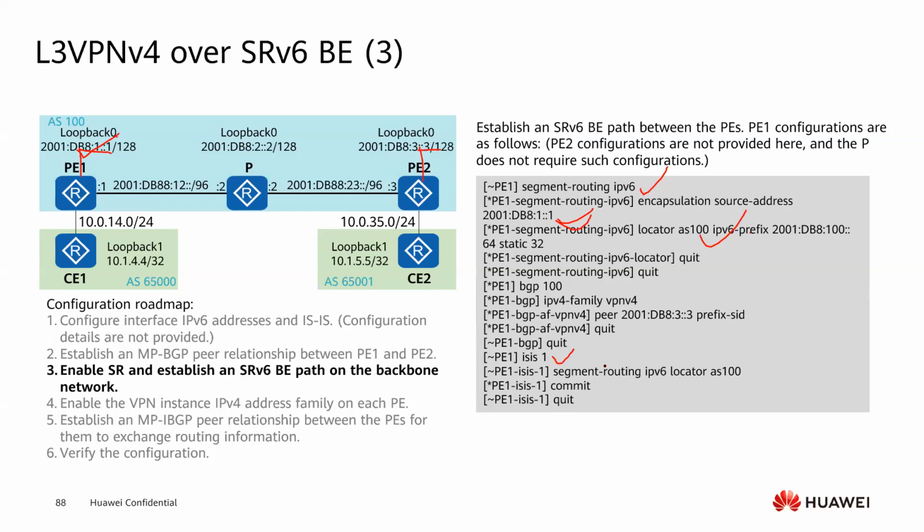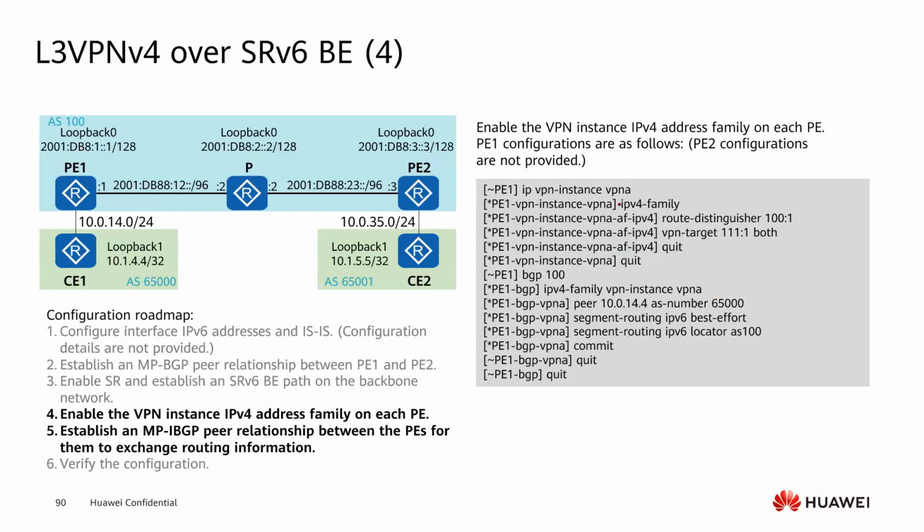For ISIS1, we also need to configure the segment, because we need to ask ISIS to forward the locator, right? And also on P1, you create a VPN, set the RD and RT.